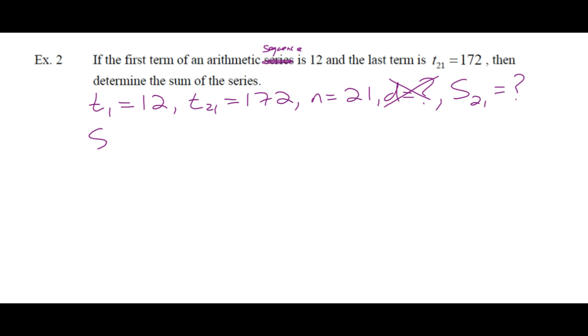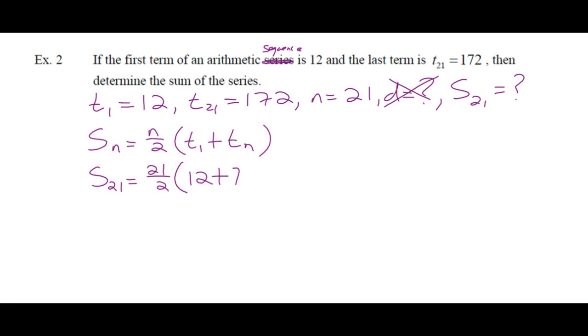So let's go with Sn is n over 2 (T1 + Tn). We want the sum of 21 terms, so n is 21. S21 is 21 over 2, 12 plus 172.